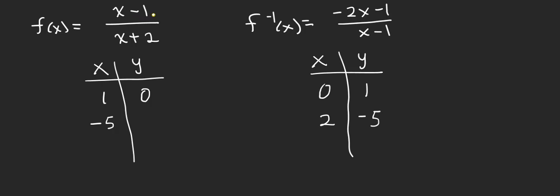Negative 5 minus 1 is negative 6 over negative 3, which is positive 2. So again, these two functions are inverses, and look at the domain and the range. They interchanged. The x value becomes the y value, and the x value over here becomes the y value.